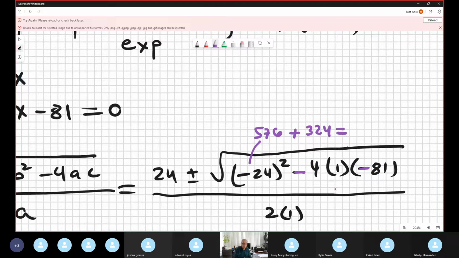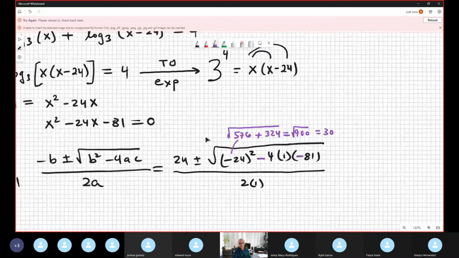And 324 plus 576 is 900. And the square root of this is 30. Oh, I like that, it's easier. Basically, we have 24 plus or minus 30 divided by 2. Okay, that's all we are doing.